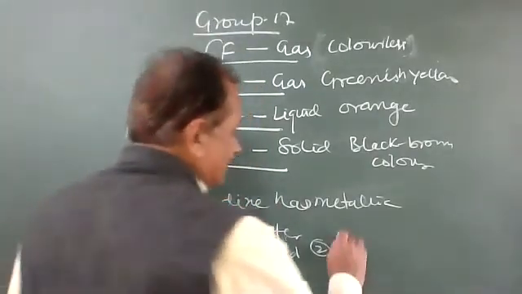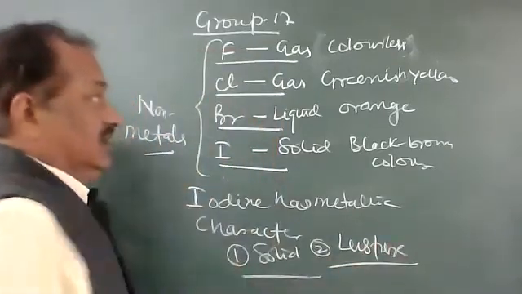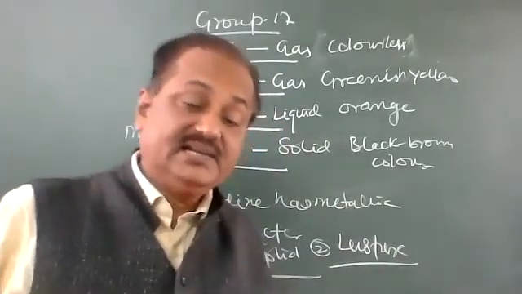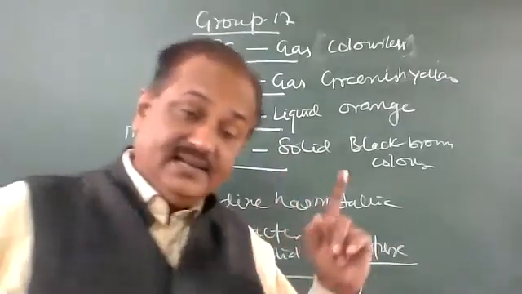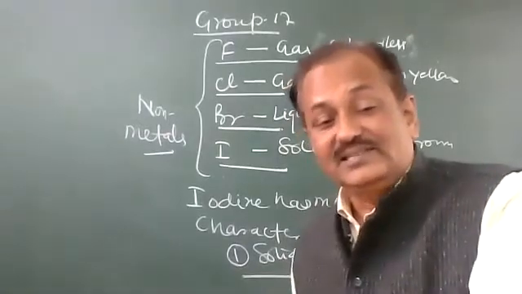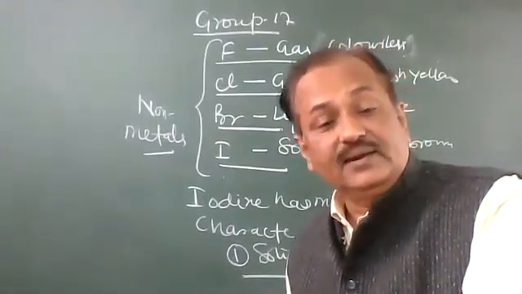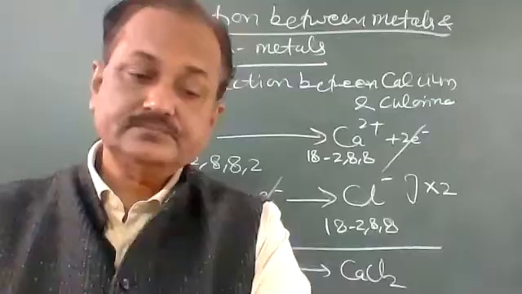So this is about metallic and non-metallic character, and it is due to the size, the atomic radius, which decides the metallic and non-metallic character.